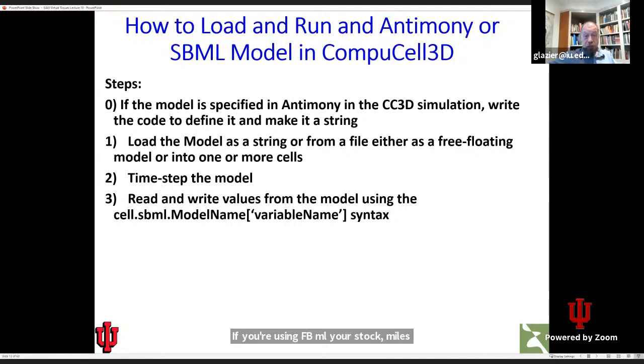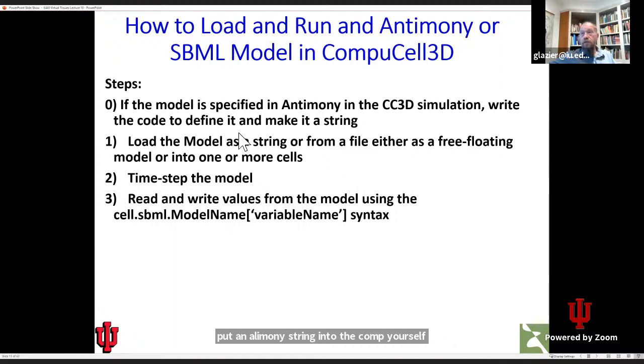The model specification has to be written using an SBML editor and then written into a file, and you'll tell CompuCell to read the file. If the model is written in Antimony, you have two choices. You can also read it from a file, or you can put an Antimony string into the CompuCell Python and load it into your cells.